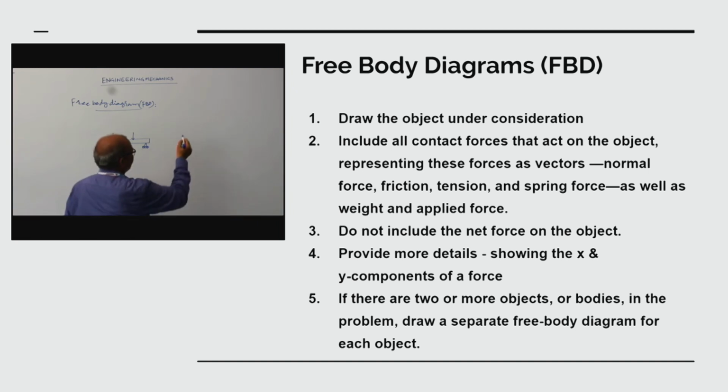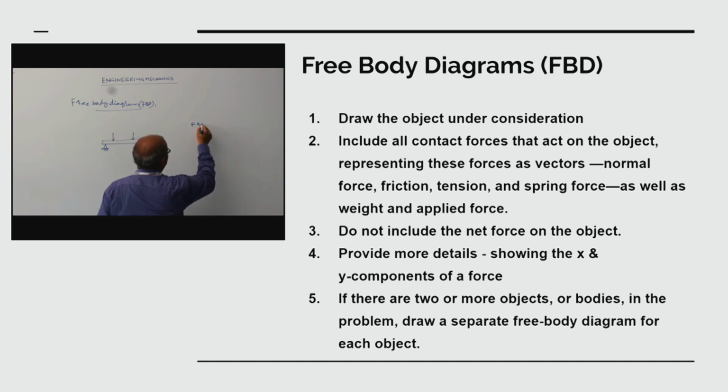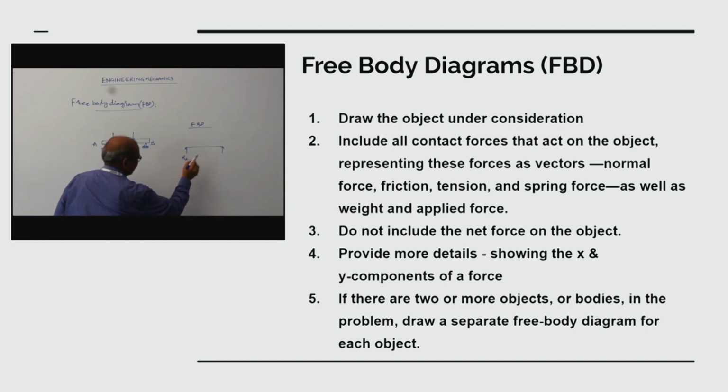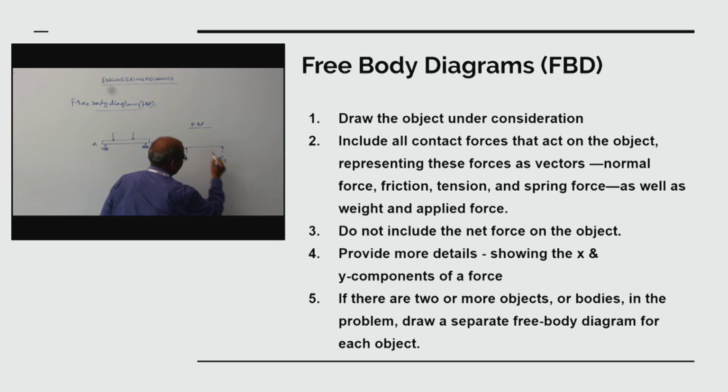So the free body diagram of this beam is like this. These are the two support reactions. Say if these ends are A and B, then this is a reaction at A and this is a reaction at B, and these are the two loads acting on it.